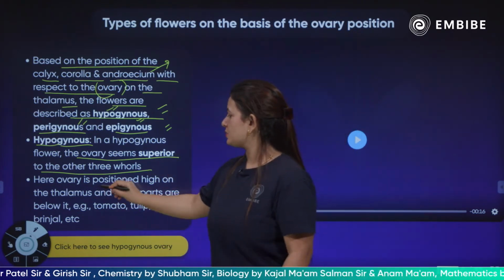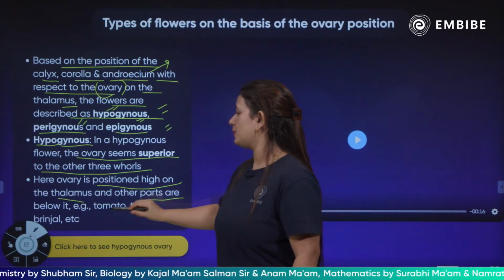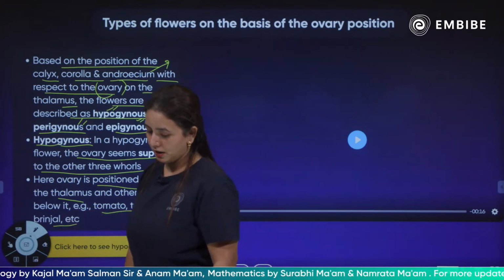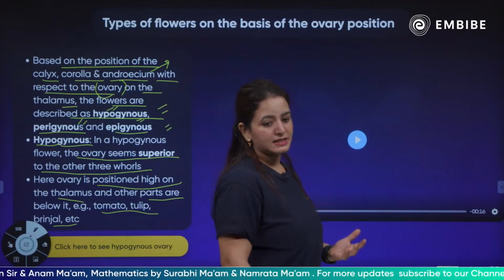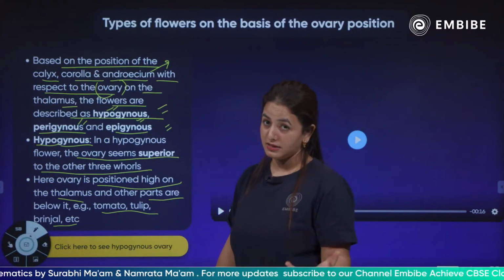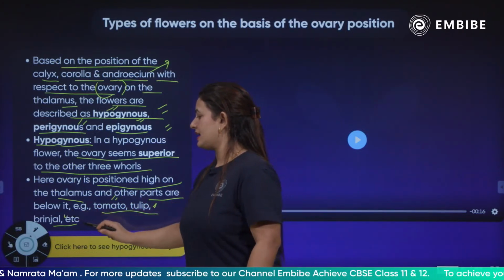Here the ovary is positioned high on the thalamus and the other parts are below it. Examples: tomato, tulip, brinjal, etc.